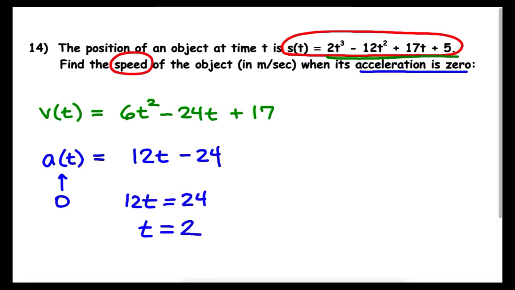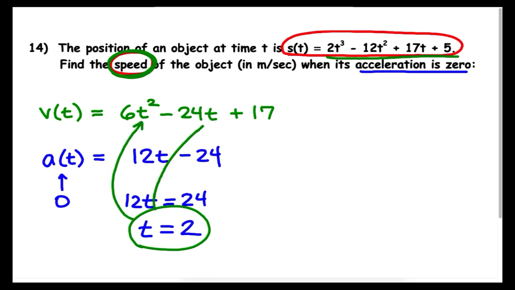Now, we want speed. And speed is related to velocity. So when you take this 2 seconds, don't plug it into the red original S equation. Plug it into the green. 2 is going to go here, and it's going to go here.